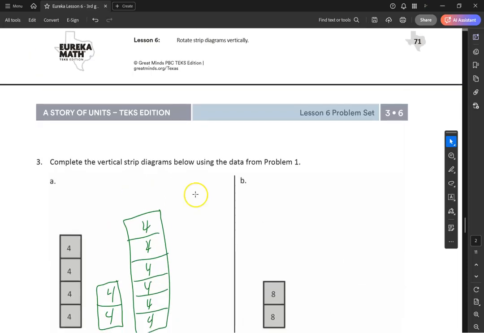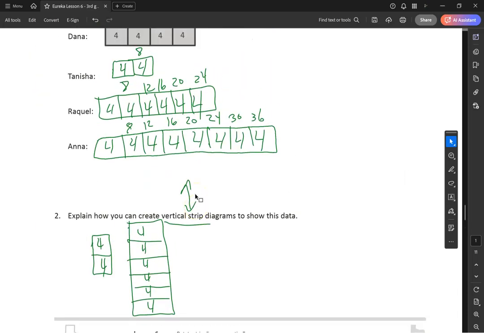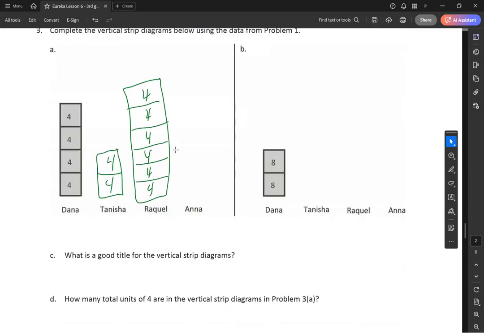Okay. And then Anna had 8. 1, 2, 3, 4, 5, 6, 7, 8. Okay, and you label it the same.